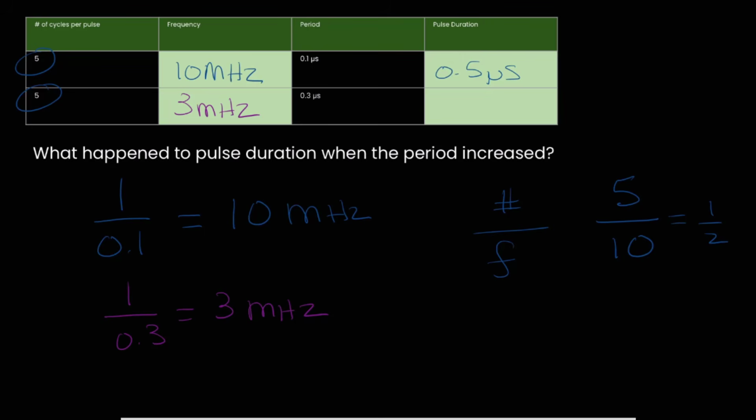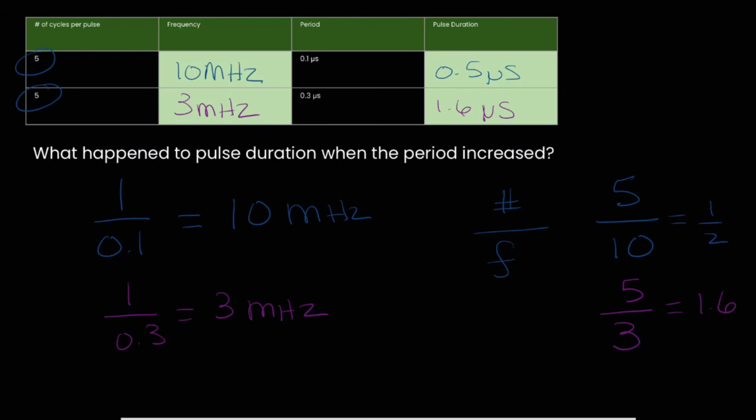Now again, we're going to use our number of cycles divided by the frequency to calculate the pulse duration. So we have 5 divided by 3, and that is going to equal 1.6. So our pulse duration on a frequency of 3 megahertz with 5 cycles per pulse gives us a pulse duration of 1.6 microseconds.